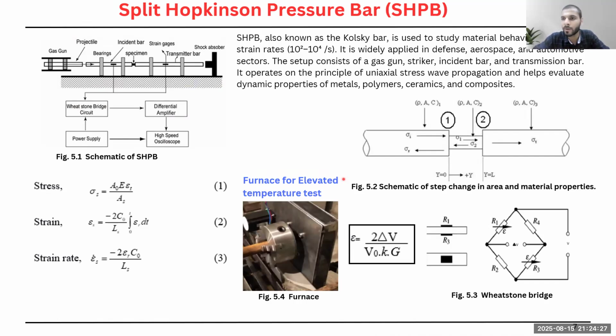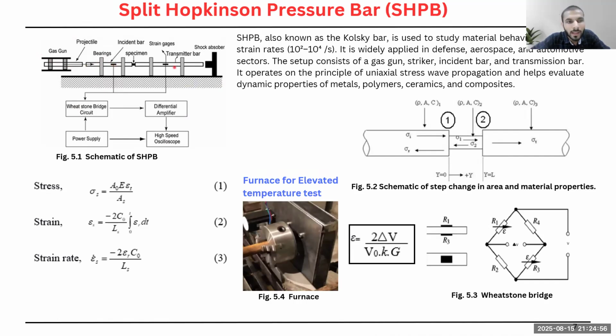So the major components of this setup are the gas gun. Here this bar is nothing but the striker bar. This is the incident bar and this is the transmitted bar. So what happens is when we pressurize this gas chamber, due to pressure difference, the striker bar propels and hits the incident bar.